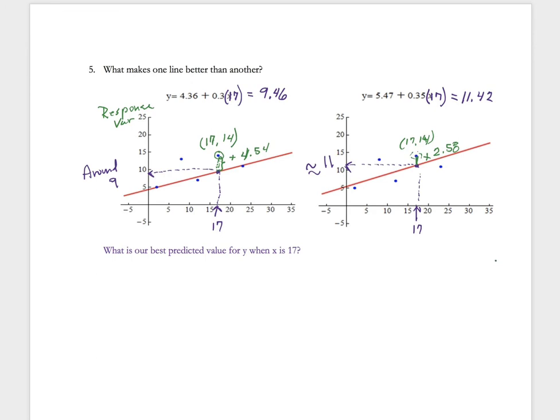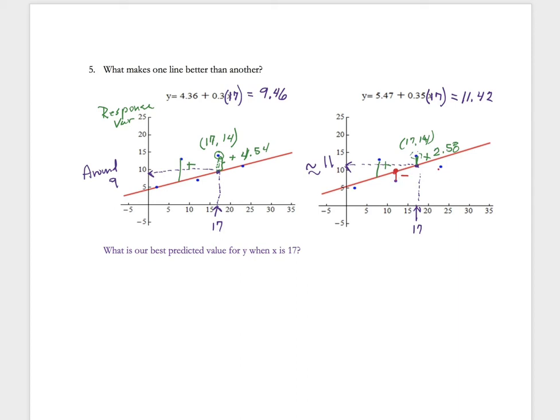So all of the errors for points above the line are going to be positive. All of the errors for points below the line are going to be negative, because to correct this incorrect prediction, we would have to subtract something.